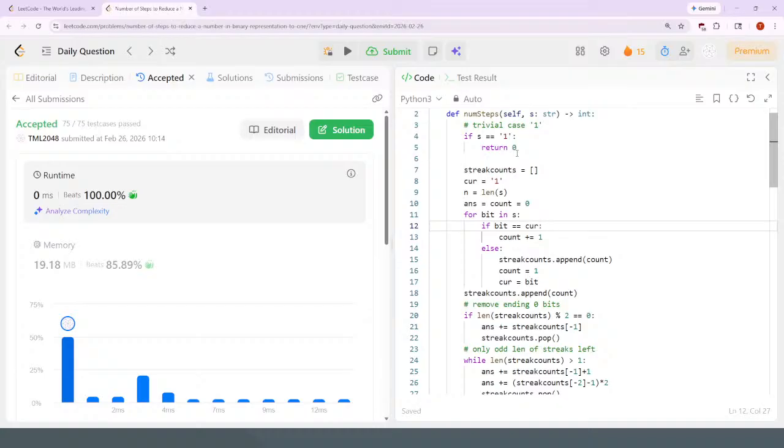Guess this is probably fine. Yeah, I guess it's probably fine. Okay, remove ending 0 bits.